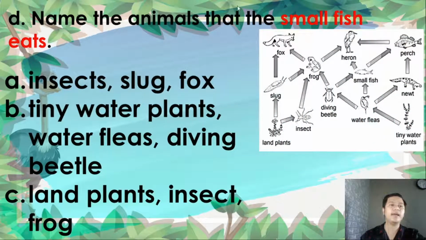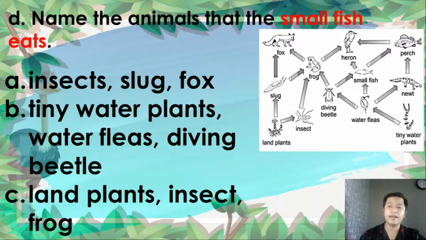Okay, next, letter D. Answer the question. Name the animals that the small fish eats. So what does the small fish eat? Is it A, insect, slug, and fox?